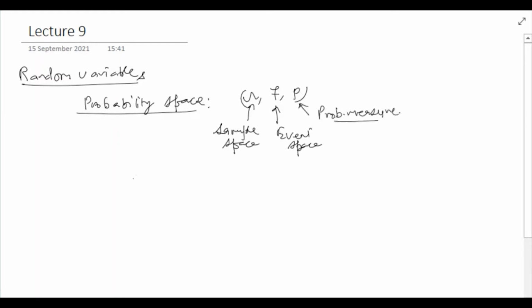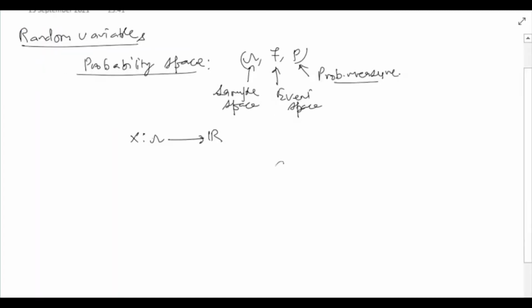Let us consider functions from sample space to real numbers. On one side we have the space of sample points, on the other side we have the space of real numbers, and X is a mapping from Omega to R. Let us fix a point small x on R and look at all the sample points in Omega that are mapped to the segment minus infinity to x.